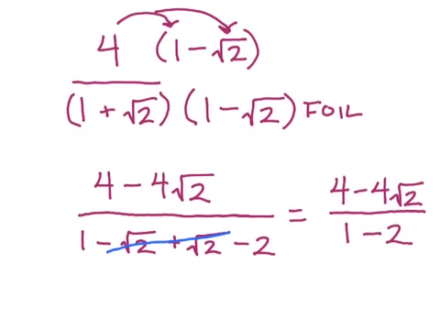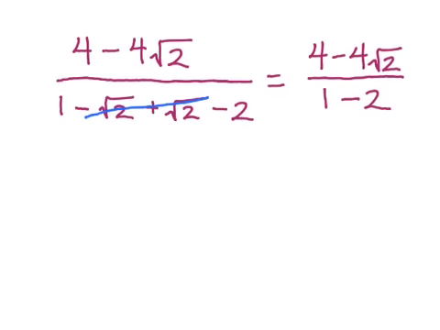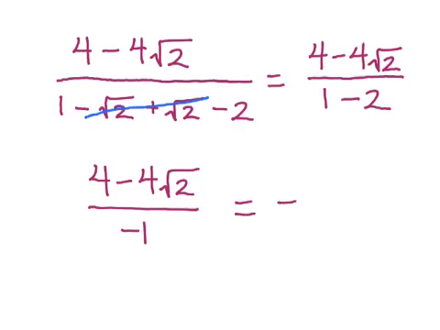So we're going to end up with, and again, running out of room here, so let me move this up a little bit. We have here 4 minus 4 root 2 over negative 1. Since we are just dividing by negative 1, I'm going to divide just to simplify this, get it to look a little bit nicer, and realize that this is the same as minus 4 plus 4 root 2.